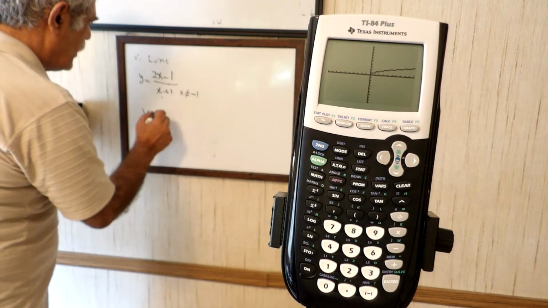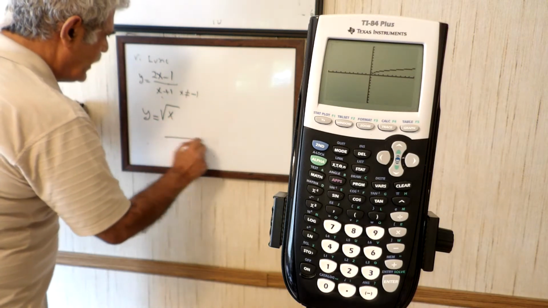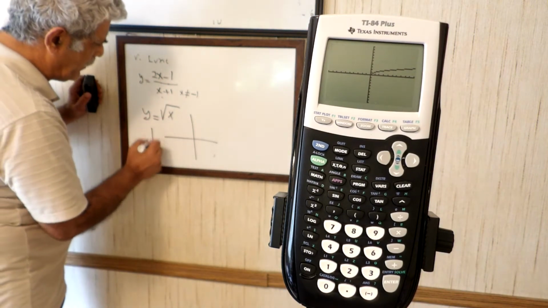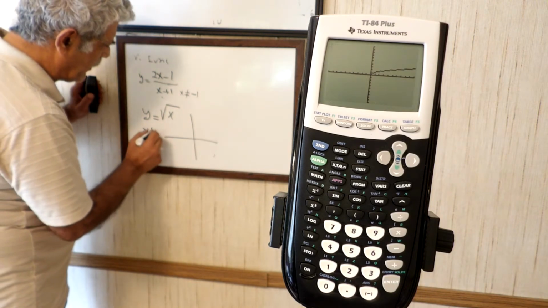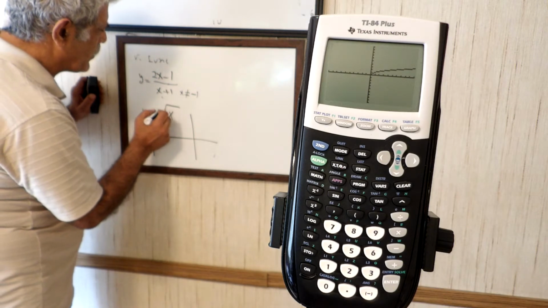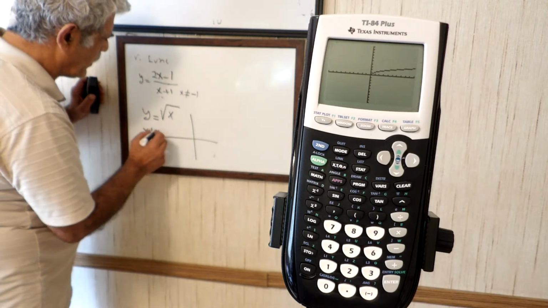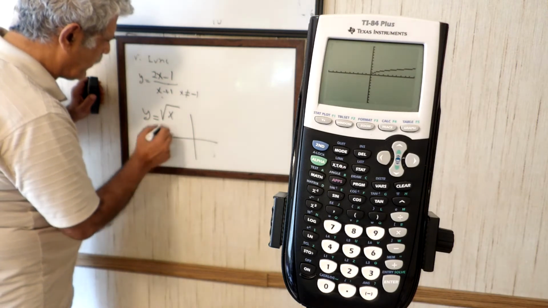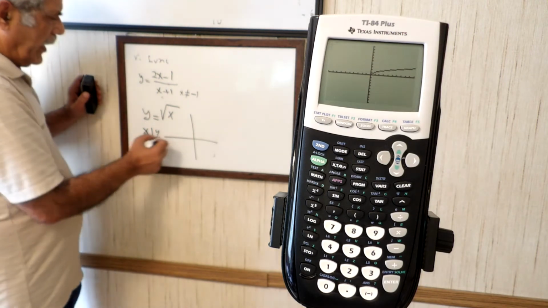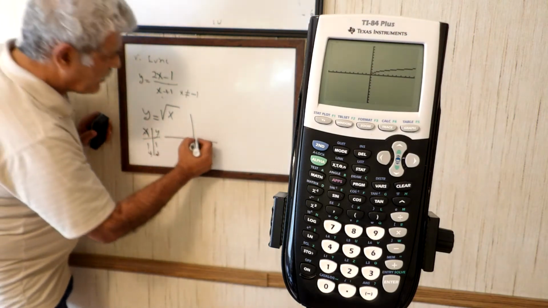You give a value to x, and you see the x value here and the y value. You give x something whose square root is going to be an integer, like 1 is going to be 1, 4 is going to be 2, and so on. So it started from 0.